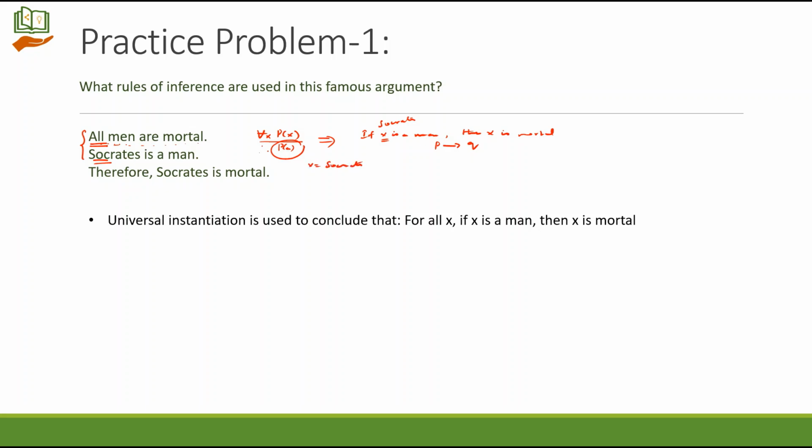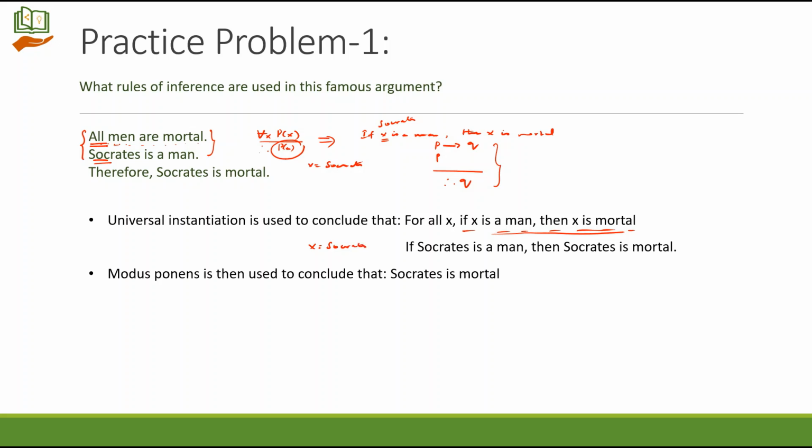So we will change this particular statement to: if Socrates is a man, then Socrates is mortal. Now, we have Socrates is a man, which is P. Therefore, Socrates is mortal will be therefore Q. This is how we change it after applying x equals Socrates.